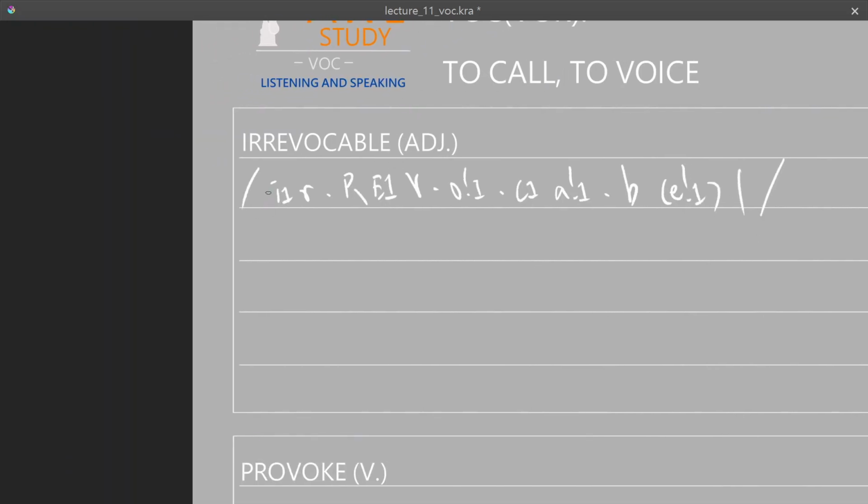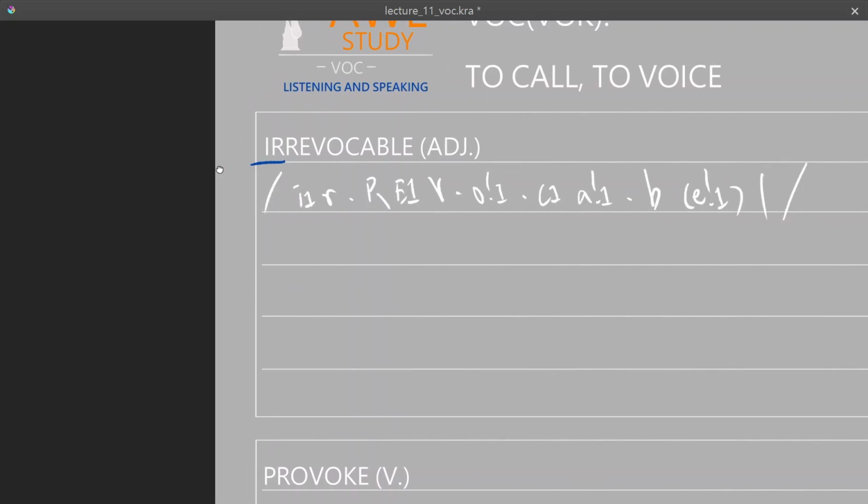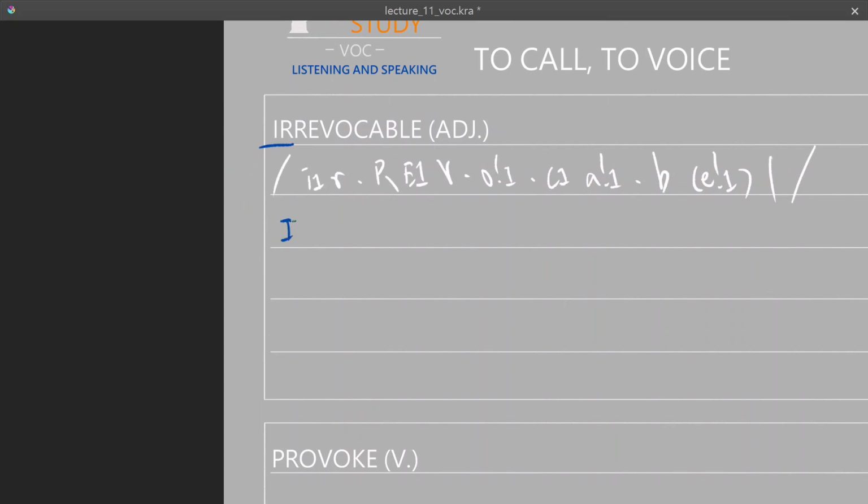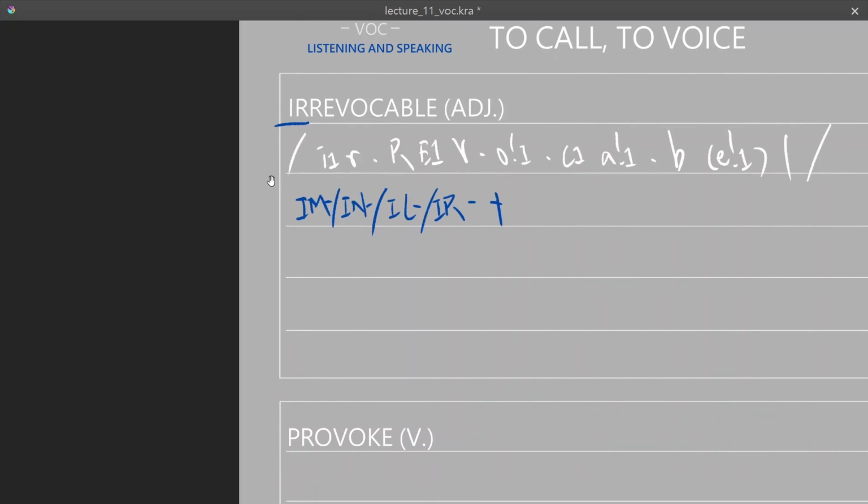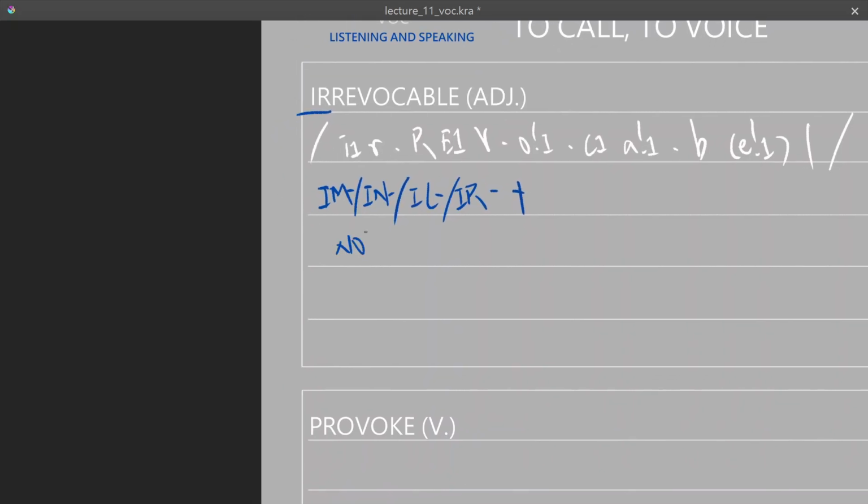Alright, and we have the prefix. The prefix here is a variant of in. We have im, in, il, and ir. So a common negation prefix, meaning not.